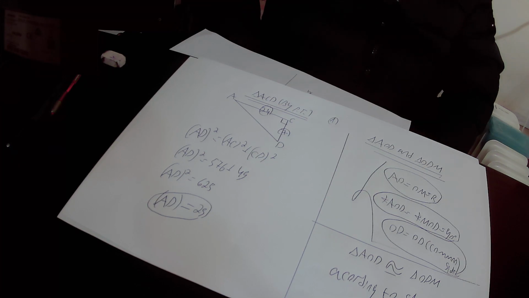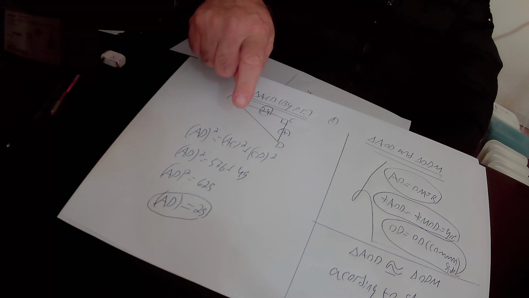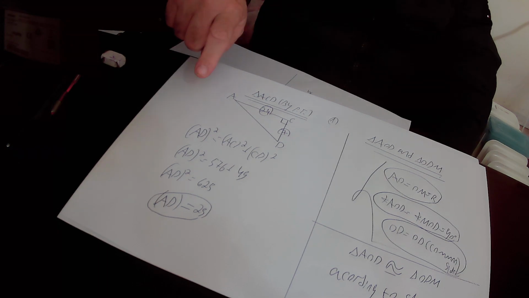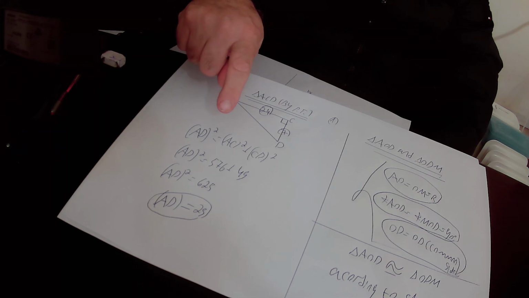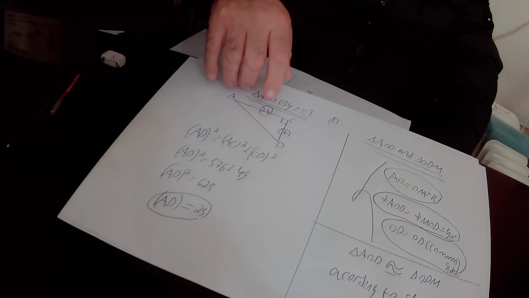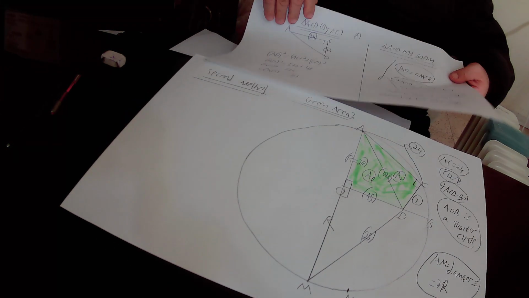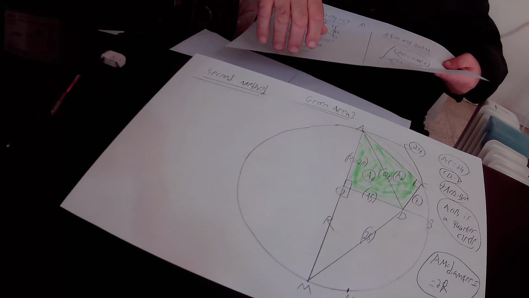So AD squared equals 576 plus 49, that is 625. Taking the square root, AD equals the square root of 625, that is 25. So the length of the hypotenuse AD is 25.